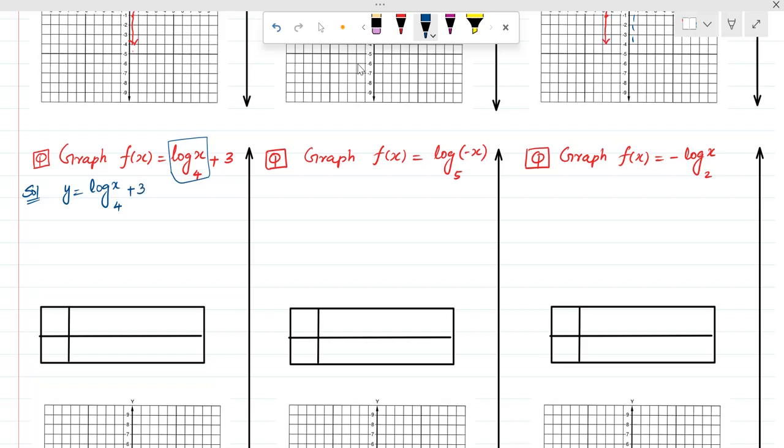If I move the 3 here, it is minus 3: y minus 3 equals log x base 4. Now I will convert this into exponential form: 4 raised to the power y minus 3 equals x.